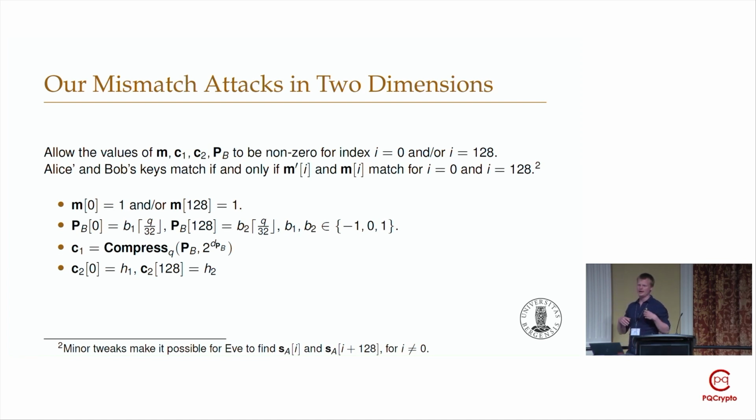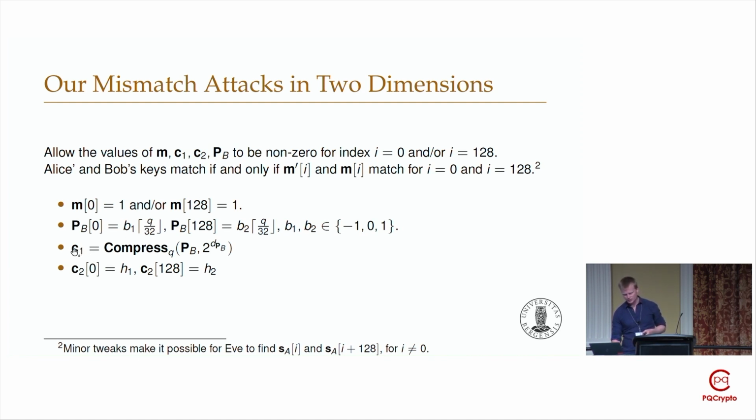Now, slightly more concretely, Eve will set parameters like this. She will let m of 0 be 1 and m of 128 be 1. The rest of the values of m are 0. She will let pb of 0 and 128 be some coefficient times the same value q over 32 rounded.